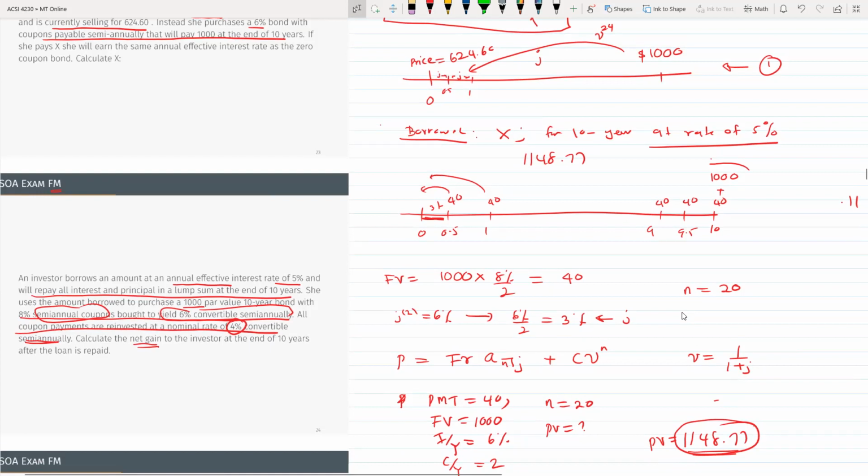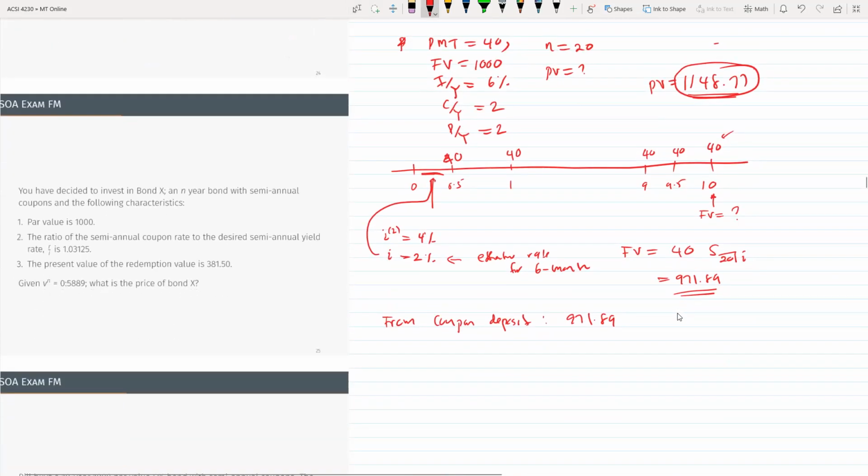Remember, at the bond maturity, you get the redemption amount. So the redemption amount is $1,000. So how much you will get is 1,971.89.